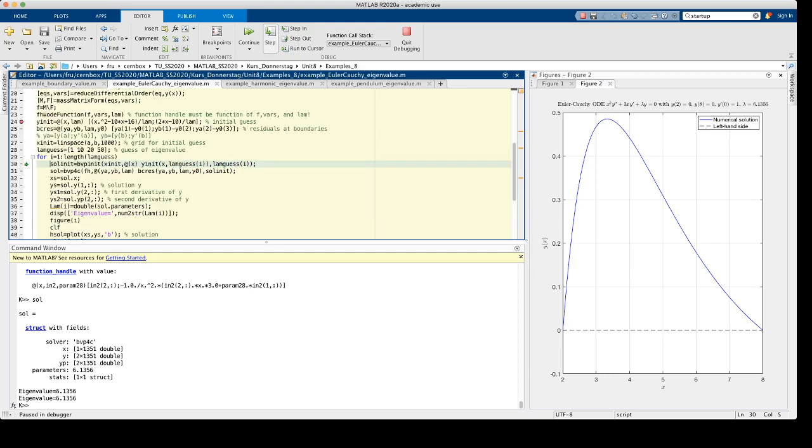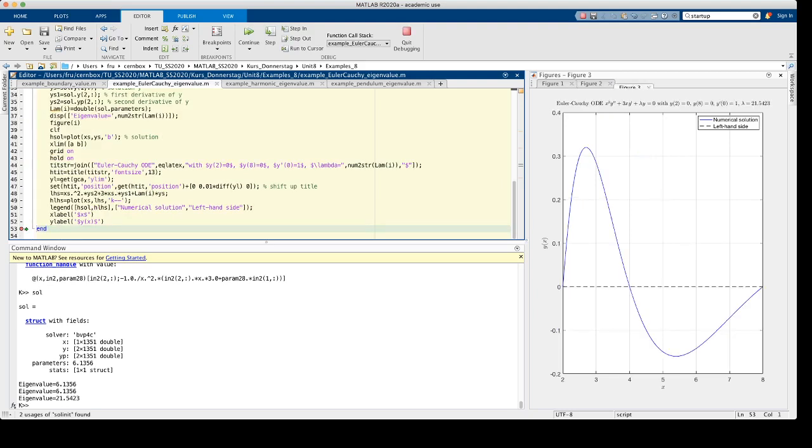Next guess, 20. We find a different eigenvalue, 21.5423. And you'll see in figure 3 the corresponding eigenfunction. The left-hand side is again identically equal to 0.